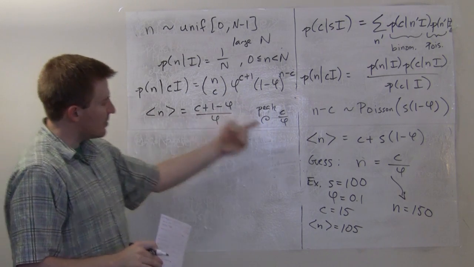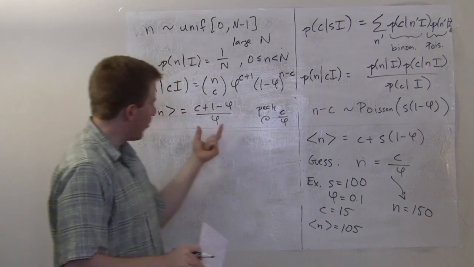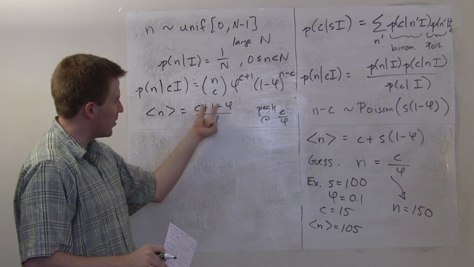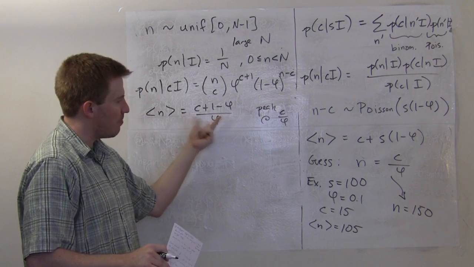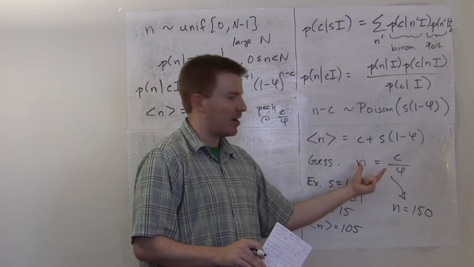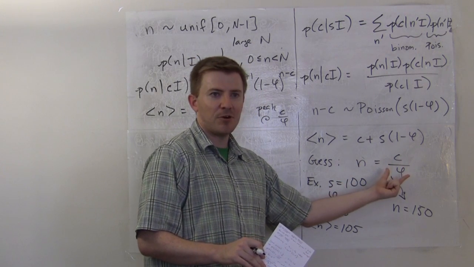So basically, this is what we would have guessed in the naive version. To within a small amount, c plus 1 minus phi is about c divided by phi, either in the mean or in the mode, which agrees with our naive guess of just taking the number counted and scaling it up by the counter efficiency.